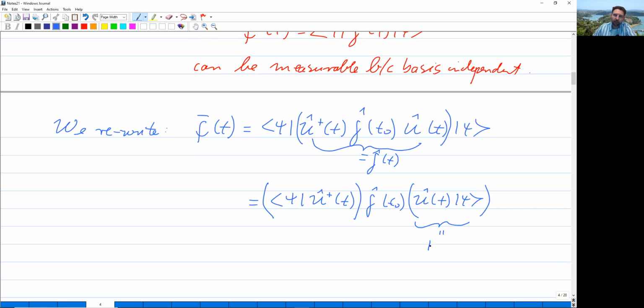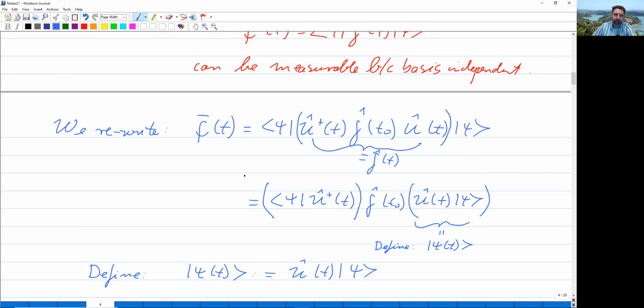And let us call it psi of t by definition. So define psi of t is u hat of t, the time evolution operator, acting on our state psi.